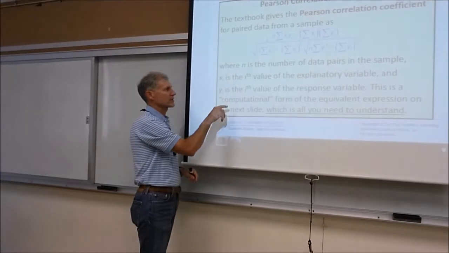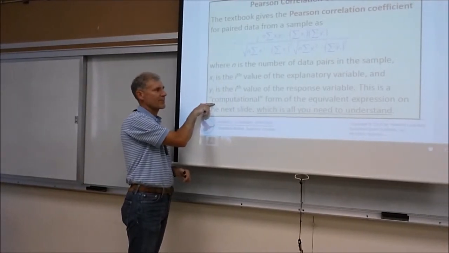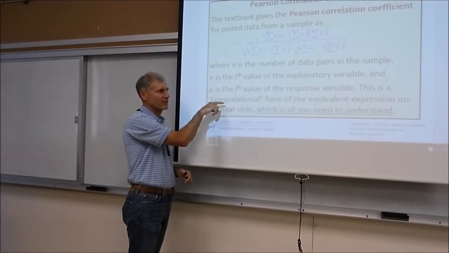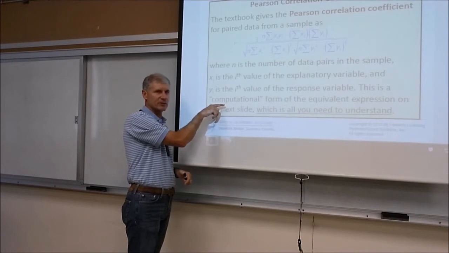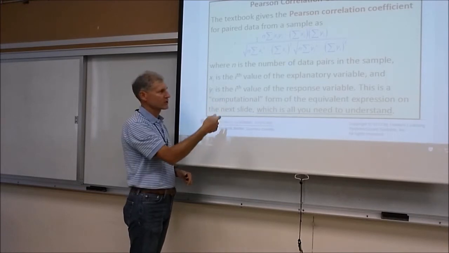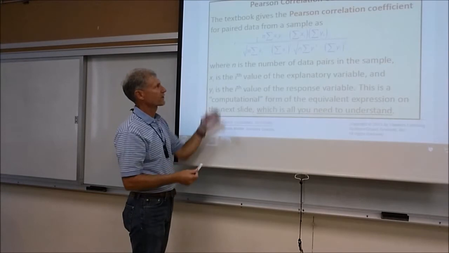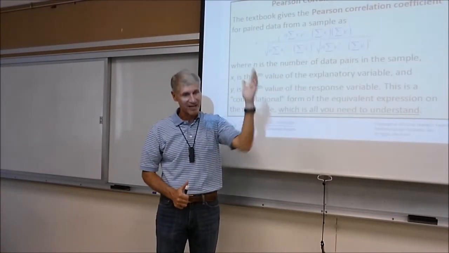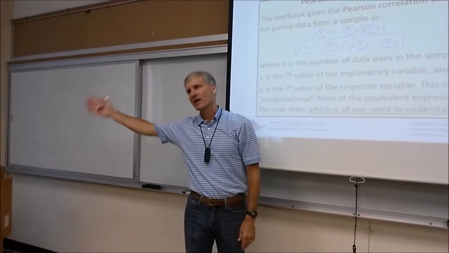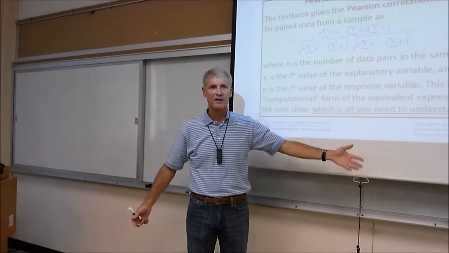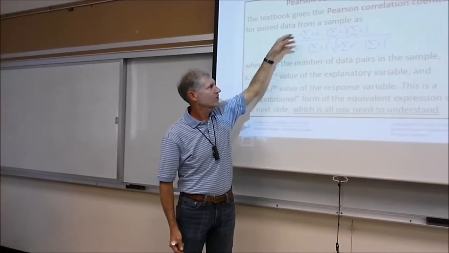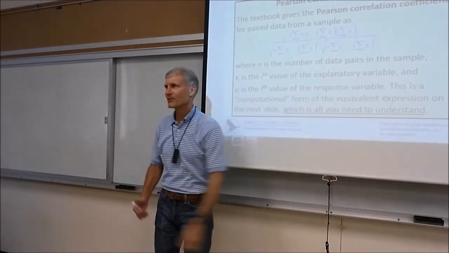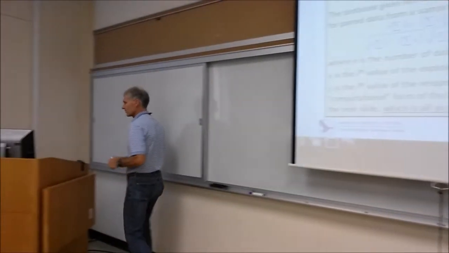I added to their slide here that this is a computational form of an equivalent expression for correlation, which I'll show you on the next slide. This is for computational purposes. This is old-fashioned. We don't do this anymore because we got these fancy calculators. We got Microsoft Excel. We got software. So we don't have to know the computational form that makes it easier to do with a handheld calculator.